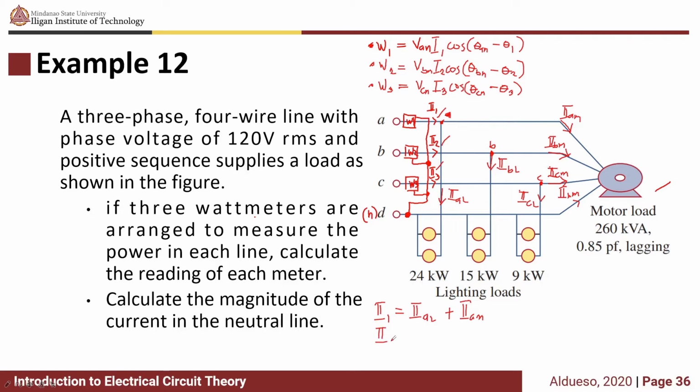KCL at B, we have I2 equivalent to IBL plus IBM. And for I3, we have ICL plus ICM.